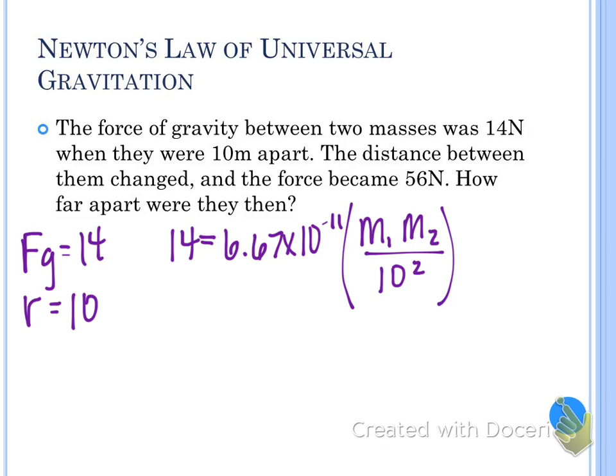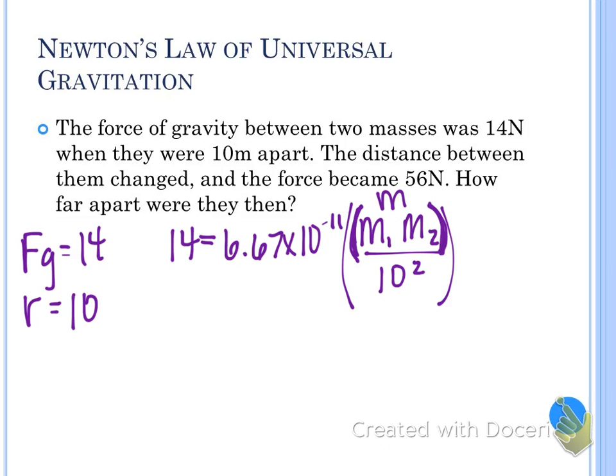No, right? So we don't care what the individual masses are. What we're going to do now is solve for m1 times m2 to get the total product of those masses, right? Because the masses aren't going to change between situation 1 and situation 2. So we have everything we can solve for, and we're going to solve for this basically as one variable.